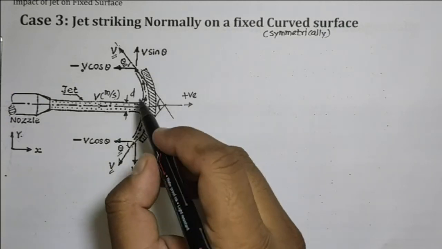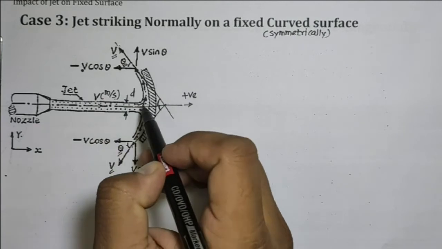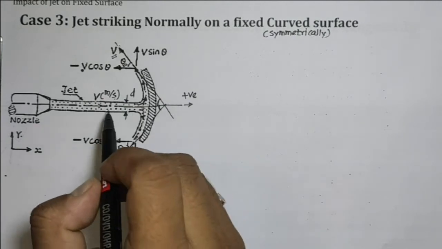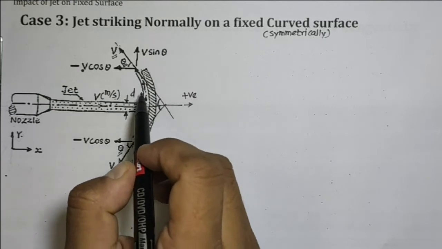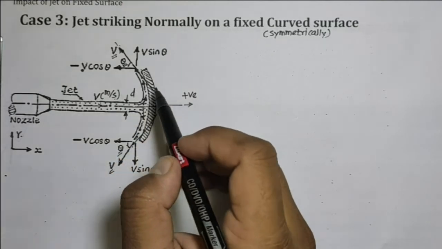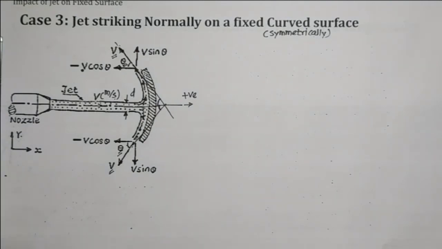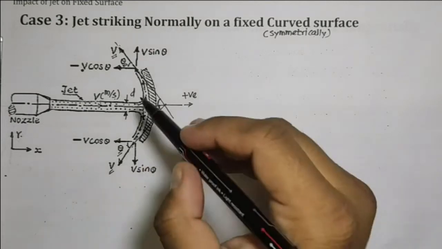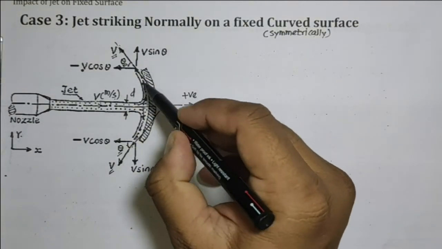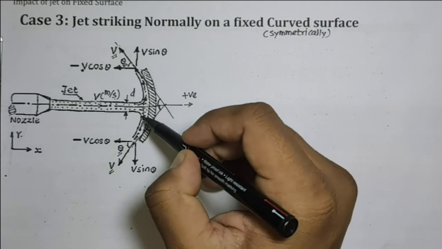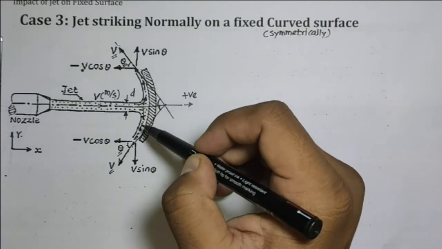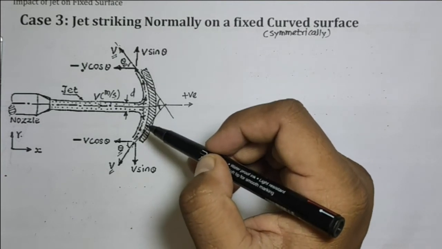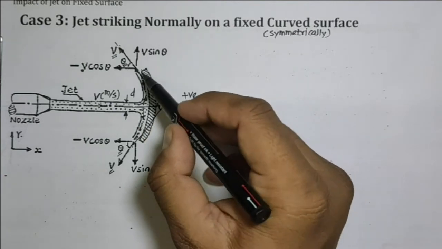Now the magnitude is the same, as we have to consider the force exerted on a curved surface. As I told you, this situation is like an umbrella. So the jet is supposed to split equally on this particular surface. The magnitude of velocity will also remain constant, as we assume that no loss occurs over the surface.